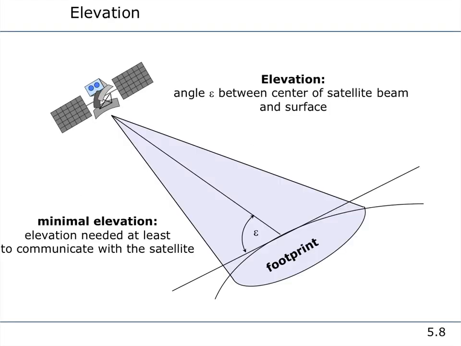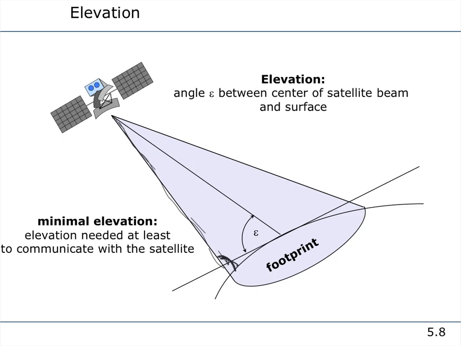Another, more important parameter that characterizes the footprint of the satellite is what we call the elevation. Elevation is the angle between the imaginary beam like this and the footprint on Earth.